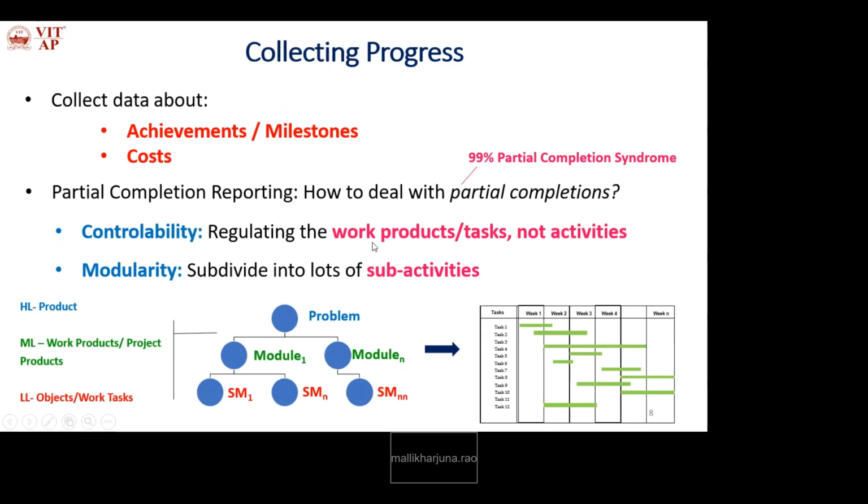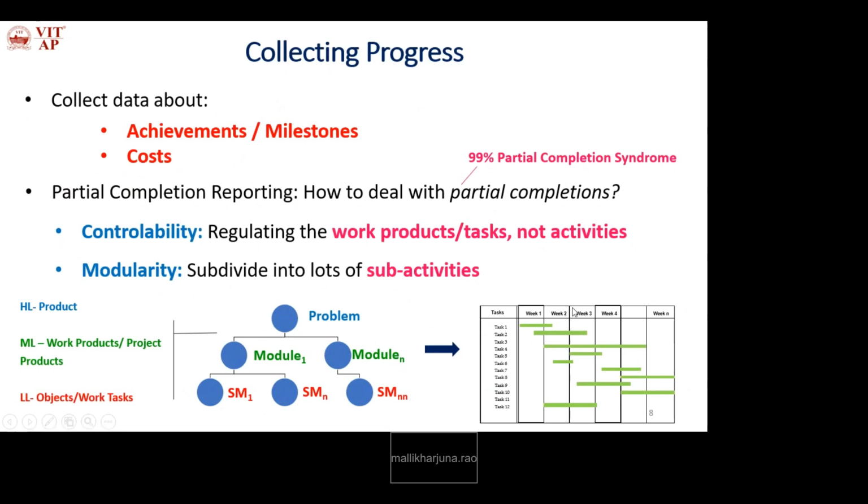So that is nothing but assessing the progress of, or collecting the progress of, work products that are finished by the given deadline. How many work tasks are finished, not the activities. That is controllability. Okay, and then modularity, subdivide into lots of sub activities.